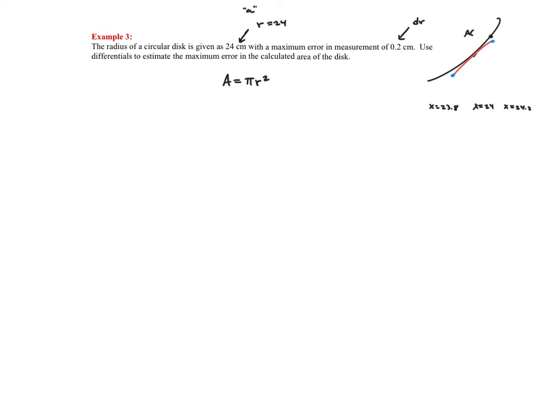This would be A of 24.2. This would be A of 23.8, actual, and then these would be approximations of said values, including an approximation of A of 24.2. All right, so we're going to use the tangent line in a moment.